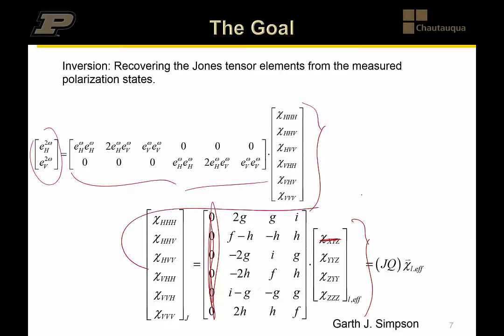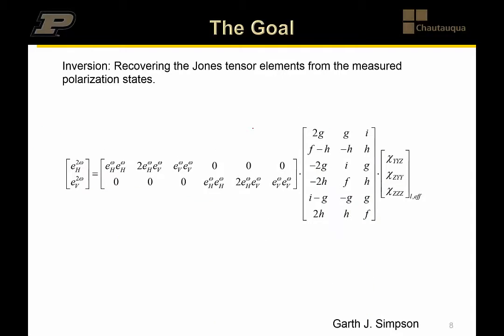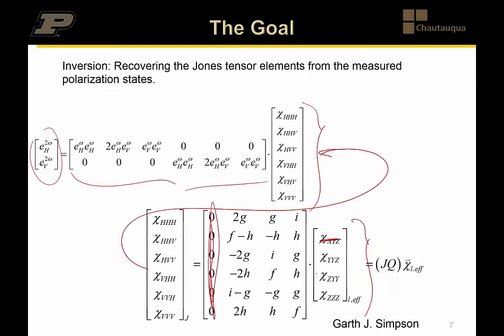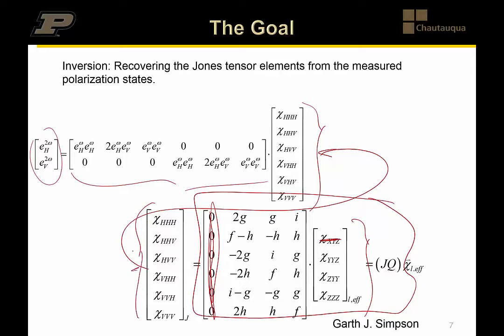We can just take this vector here and plop it in there, and now we're going to multiply these two things together to reduce the number of free parameters we have to evaluate. And that gives you this expression right here, which is just substituting in this mess with XYZ and this first column excluded for this set of unique elements in the Jones tensor.